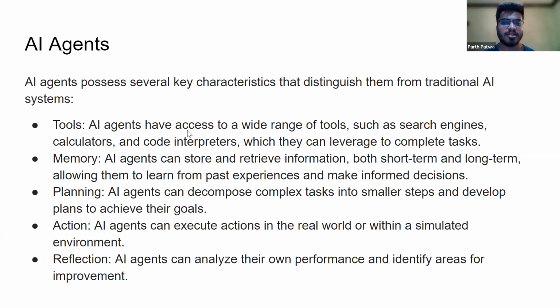Okay, that brings us to agentic RAG. Maybe you can think of router RAG as a precursor to agentic RAG. For those who are not aware, an AI agent is like an agent within an LLM. We provide them with multiple tools like search engines, calculators, and code interpreters.